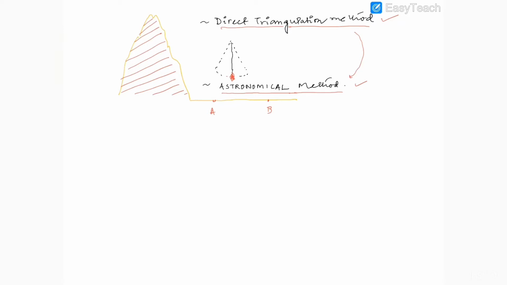They decided, why not calculate the attraction force of Himalaya mathematically? And they did that. They took the average density of Himalayan mass as 2.75 gram per cubic centimeter, and they calculated on pen and paper the gravitational attraction force of Himalaya, and then tried to subtract it from here.